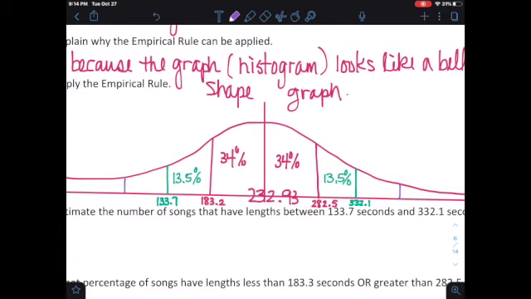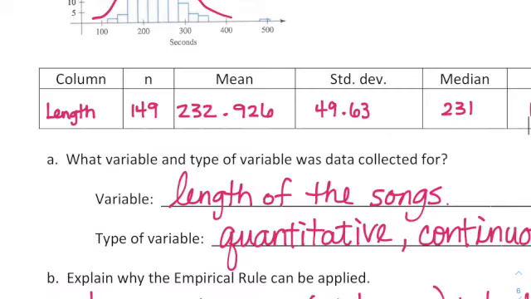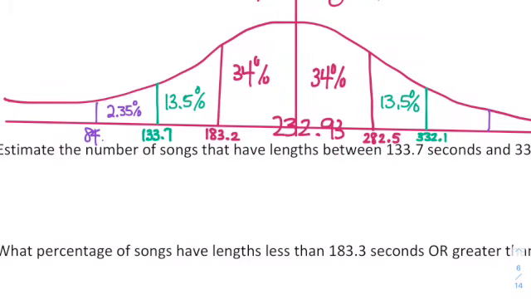And going on to the third deviation, the third deviation is going to be marked with subtraction and addition on each side again. So this is going to be 2.35%, and that's 133.7 minus 49.63, and that's going to give you 84.8.